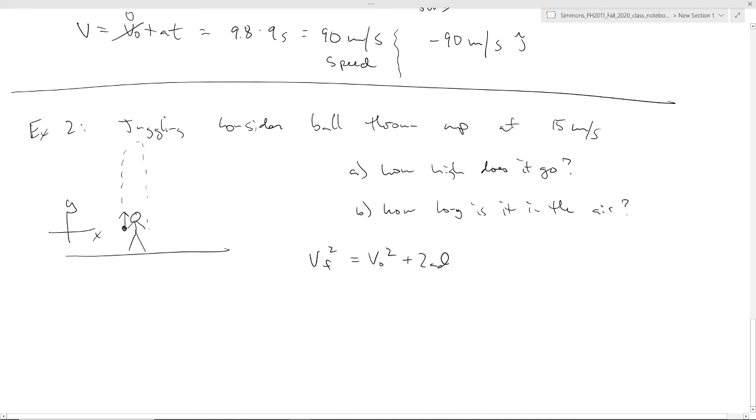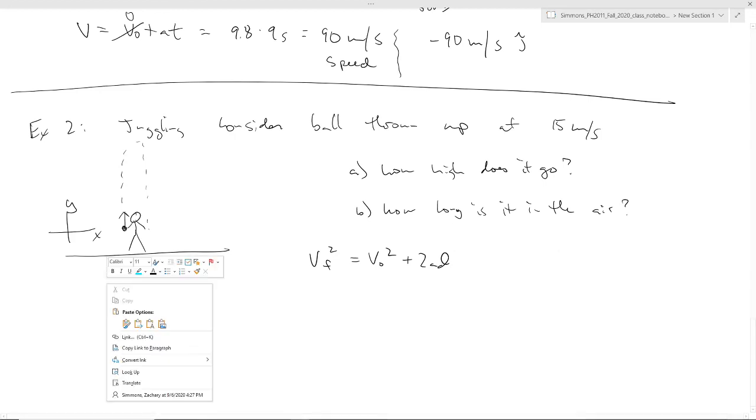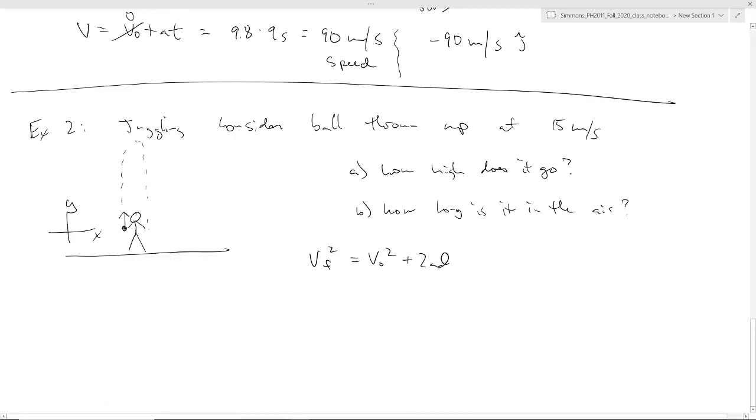Now in this case, what do you know about at the top? So at the top, the ball has to change direction. And so what that means is that there is an instant where it stops and turns around. So up here somewhere at the very top, the velocity is going to go to 0.